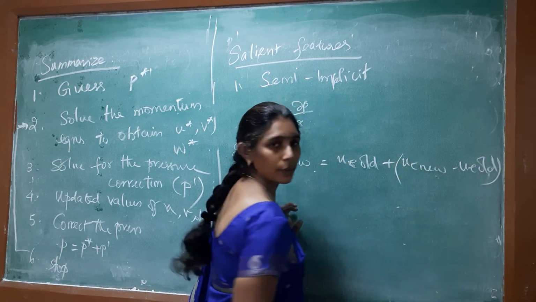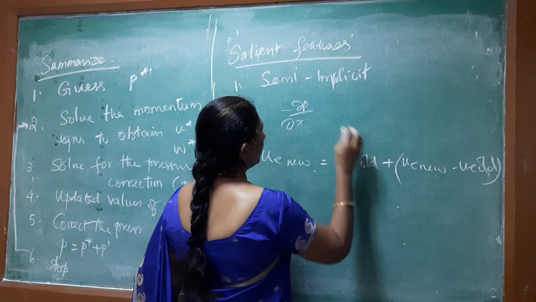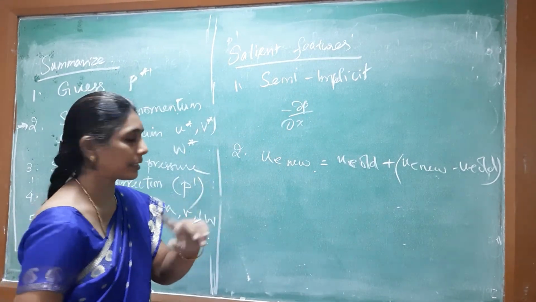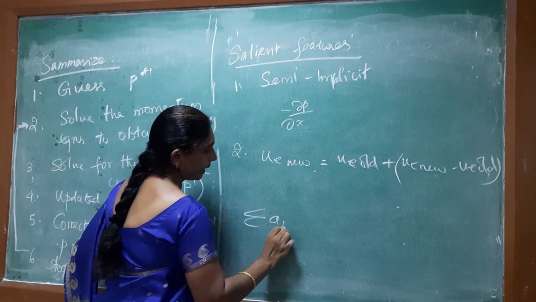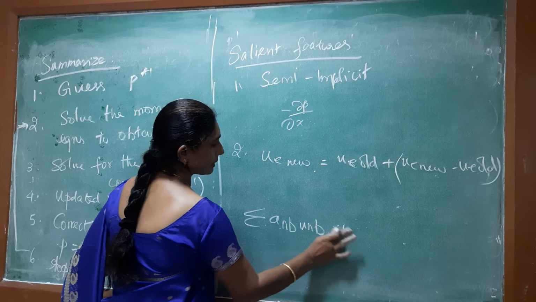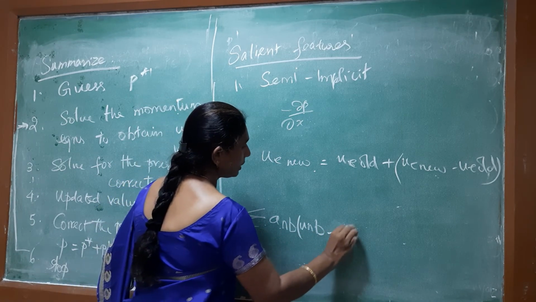I can put it in this way, right? It's the same as UE new. Now, because of the omission of the first term in the discretized equation, that is, I told you, sigma A NB U NB plus B, right? Now this plus B wasn't there. So this was omitted, right? U E star.